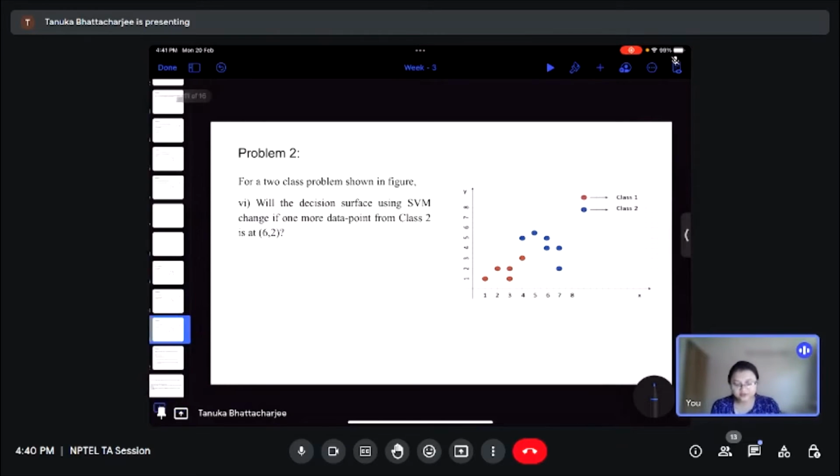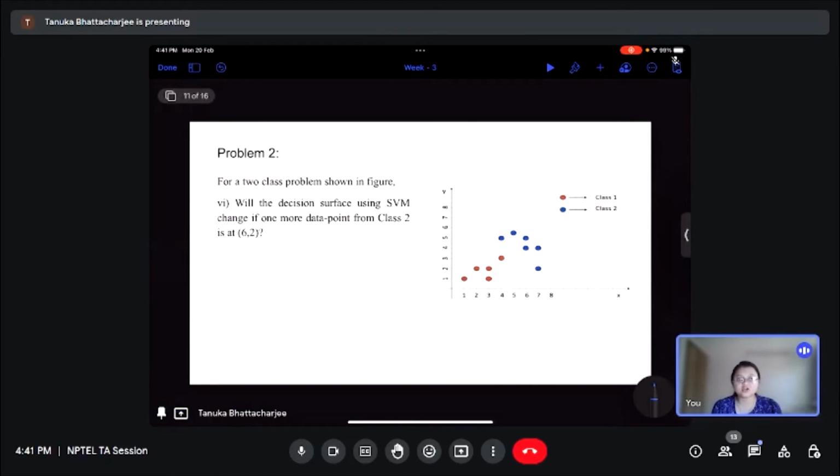But if we add the same point, instead of at 6, 6, we add it at this place. Let's say this is the case. Then I guess everyone will agree that now the decision surface will be changed, because earlier your class boundary was through this.